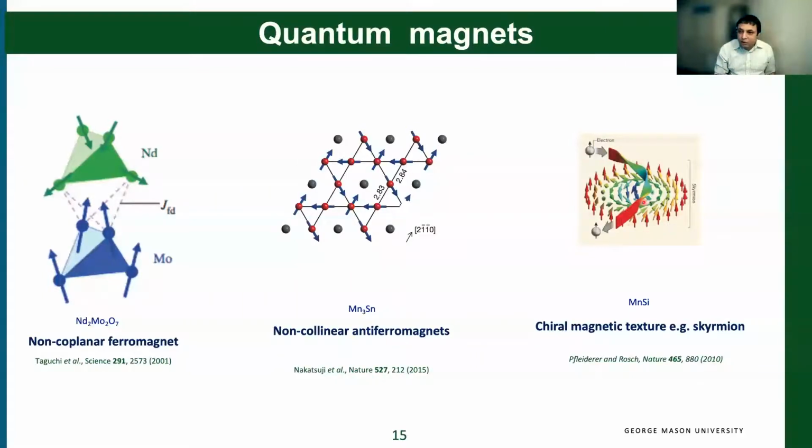This is called skyrmion, and these textures allow a quantum mechanical phenomenon to appear when the electrons move through these textures, and then it picks up a phase that can give rise to this topological Hall effect. I'll show you briefly about this.